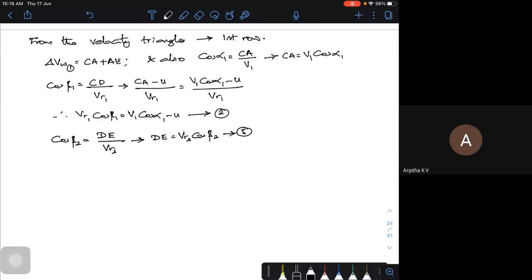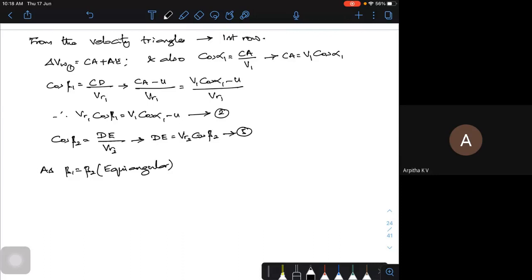Now, as we have made an assumption that beta 1 is equal to beta 2, because of equiangular, what will happen?